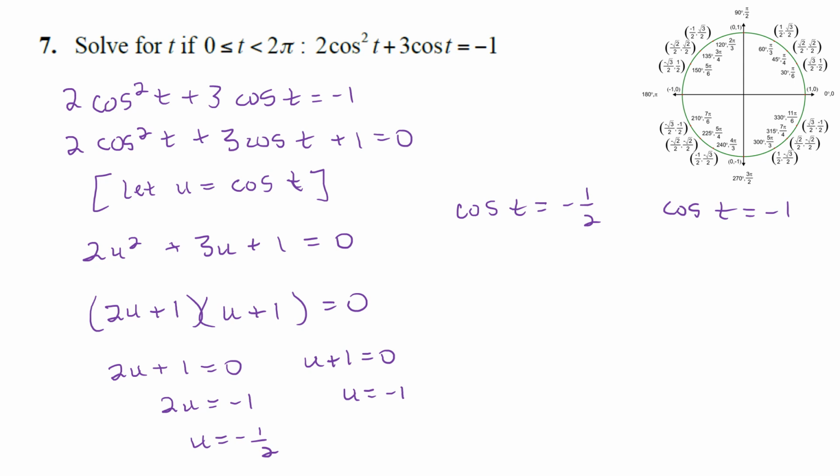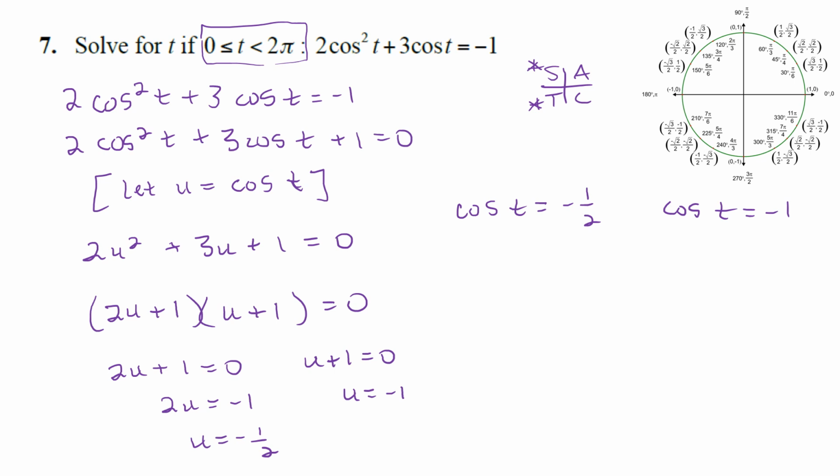Okay, so for both of these values, cosine is negative. And so cosine is negative in quadrants 2 and 3. So we want our values of t whose cosine is negative 1/2. And since our interval is given in radians, we want the radian measure for our angle. So looking at our unit circle here, trying to identify where negative 1 and negative 1/2 are for the cosine value.